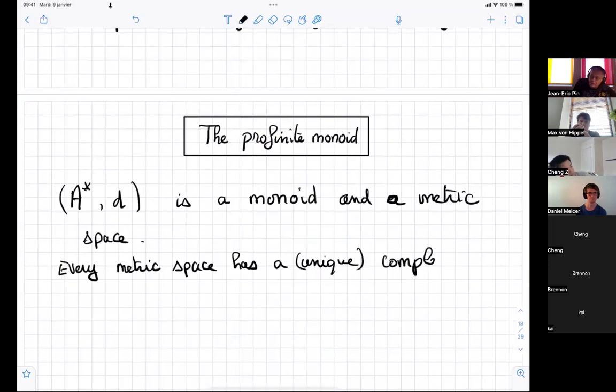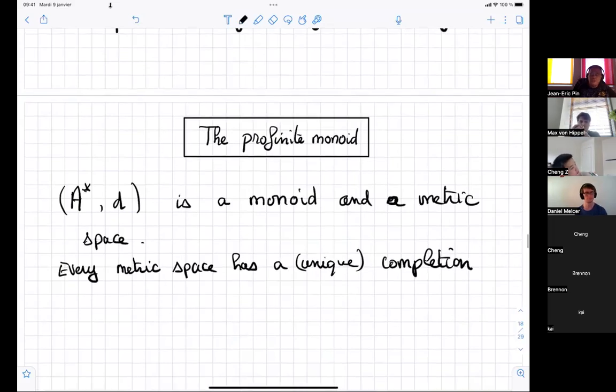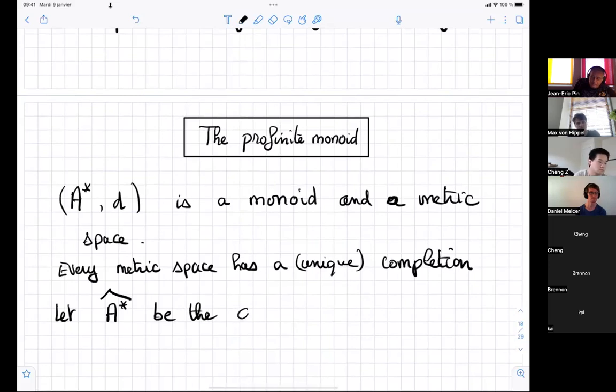You remember? A metric space is complete if every Cauchy sequence is converging, and there is a completion. So let's call A star hat the completion of A star.